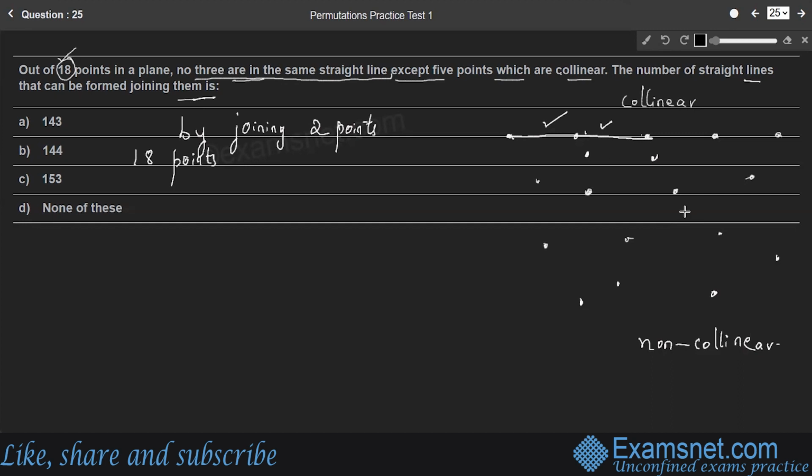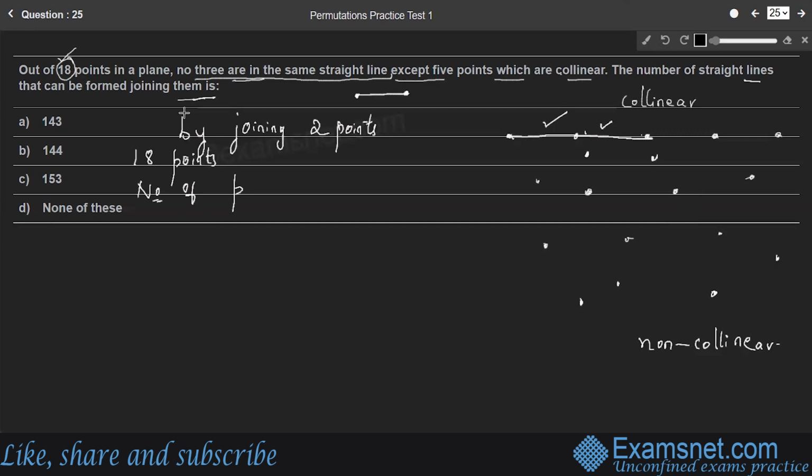How to avoid that? For that, we'll consider total number of straight lines that can be formed out of 18 points, right? So how to find total number of straight lines? For that, we have to consider number of points required to draw a straight line, right? So at least 2 points are required to draw a straight line, right?